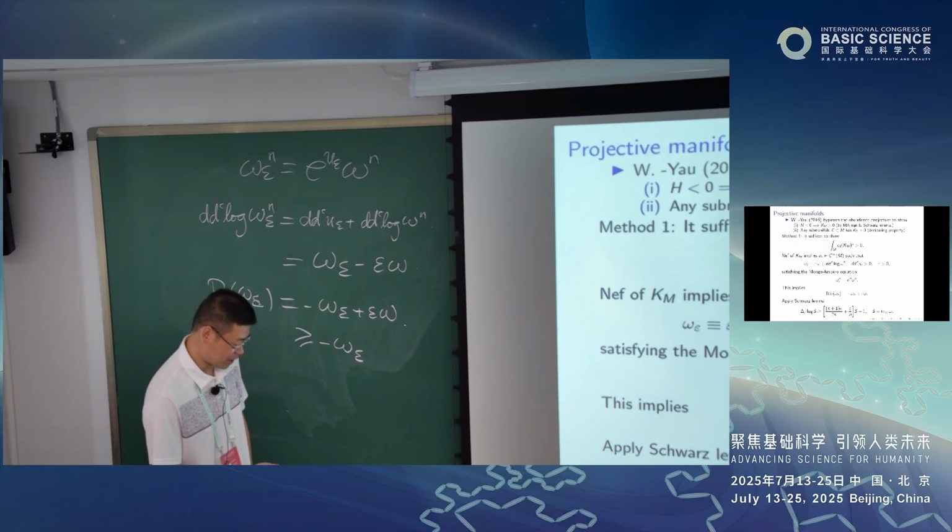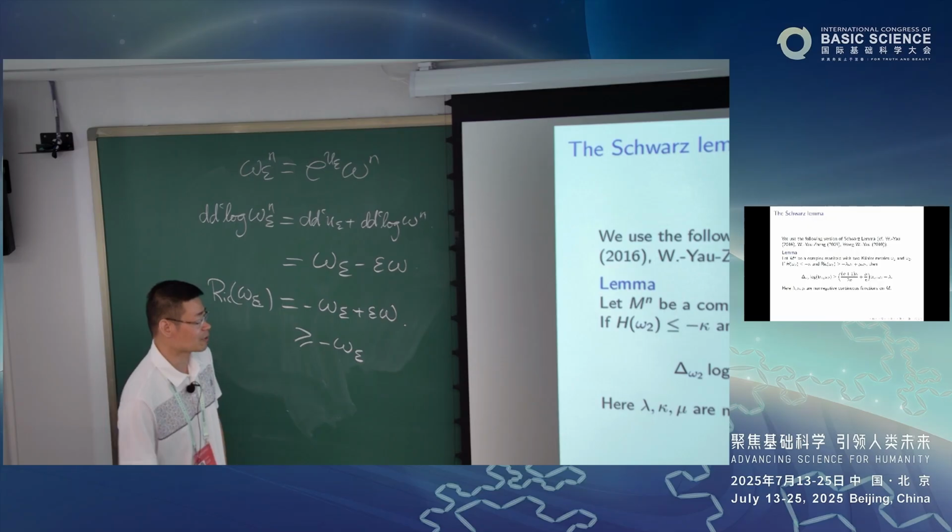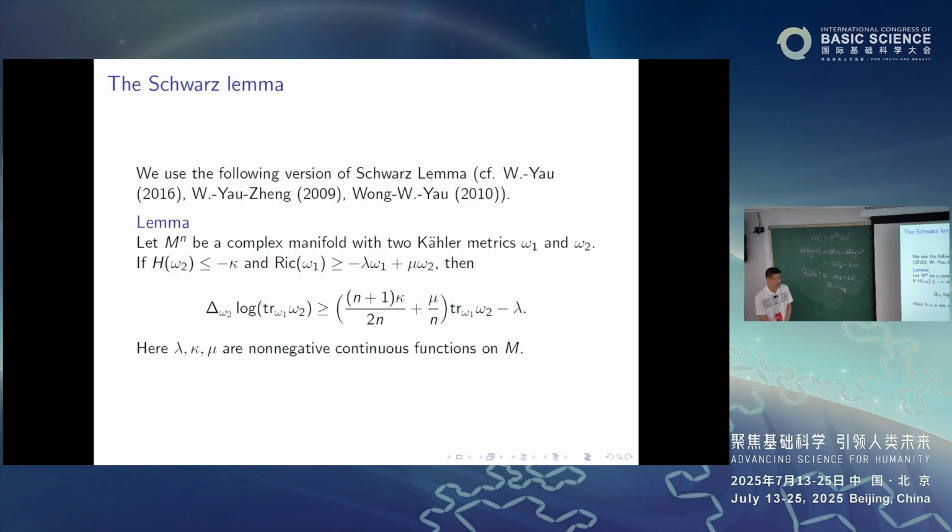So we summarize this into a Schwarz lemma. This is a little different from the classical Schwarz lemma in that here I don't look at maps. In other words, I use the identity map. So we have two metrics now, background and target, and we don't distinguish. One metric has Ricci curvature with a lower bound like this.